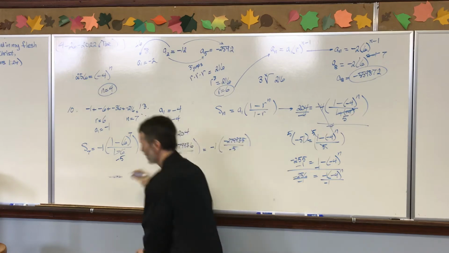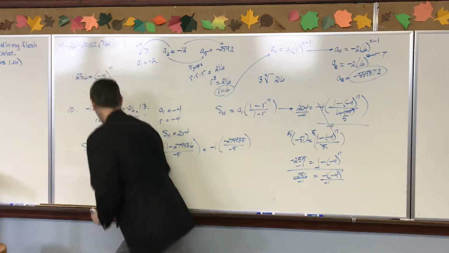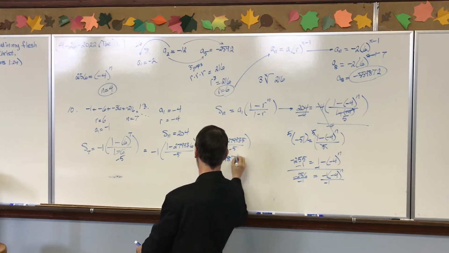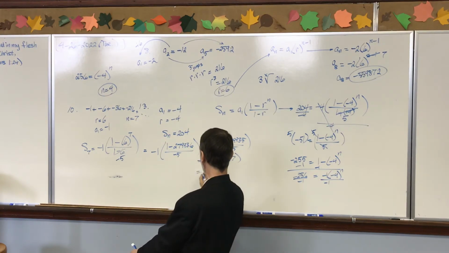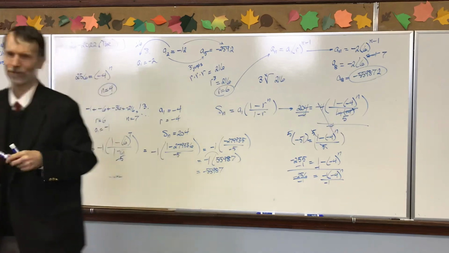And that divides out evenly. Divide by 5: 55,987. So this is going to be negative 1 times positive 55,987. Final answer? Make it negative. Negative 55,987. That is all the time I have for this.